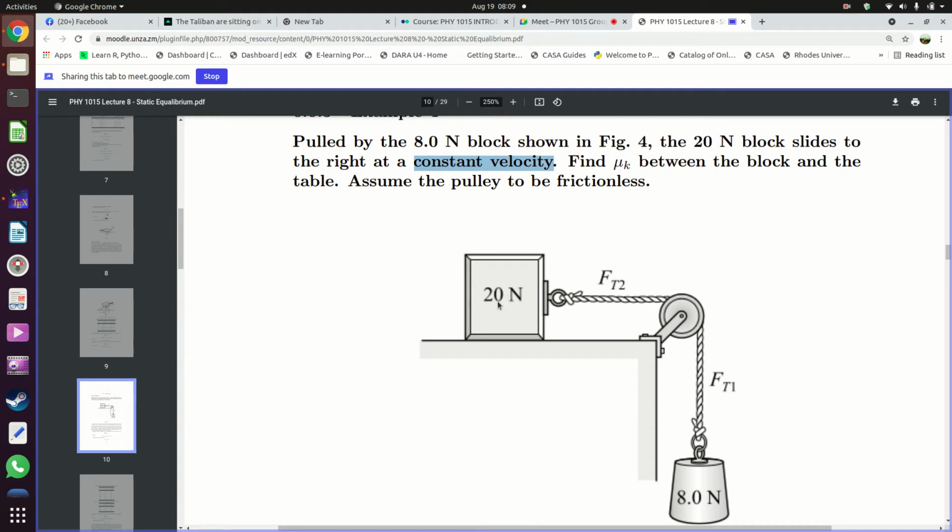Are we clear? The 8 newtons you have here is the weight of this particular object. So these 8 newtons and the 20 newtons are weights. And as we have always seen, the weight of an object always points down.